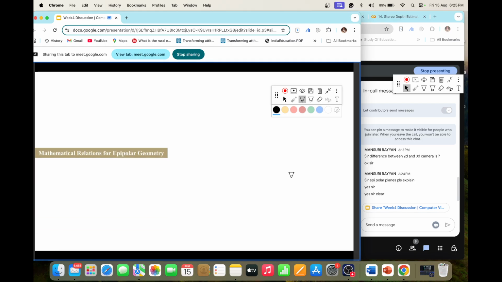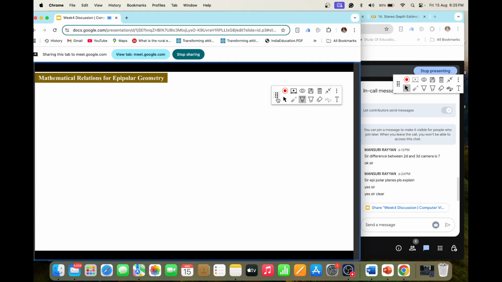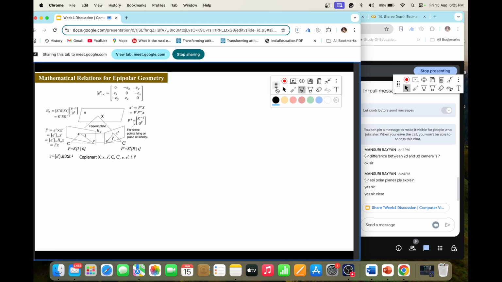Now let's move on to the mathematical relation for epipolar geometry. I have already told you, this is a plane. Pi is a plane containing the real space point, capital X. The epipolar plane is formed by capital X, C and C dash. We have this epipolar plane, and the epipoles E and E dash.